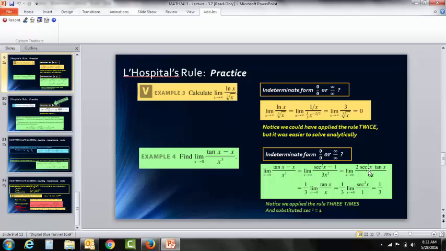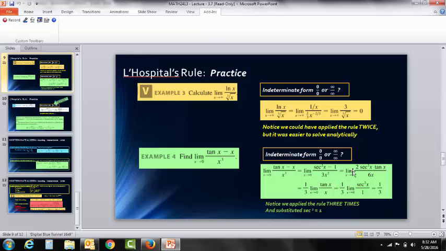Notice, now I'm thinking straight. Notice that we could pull these out separately, and we could evaluate 1/3 times the limit as x goes to 0 of secant squared x times the limit as x goes to 0 of tangent x over x. The limit as x goes to 0 of secant squared x, remember, goes to 1, so this term drops out, and we can apply the limit to each of the factors.